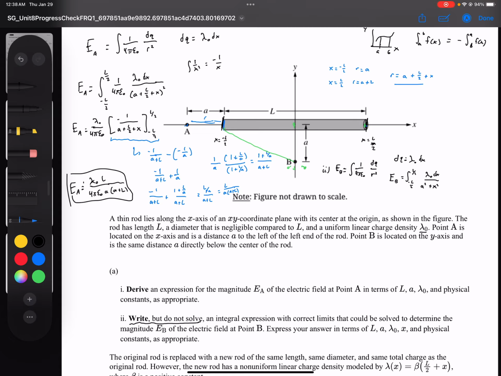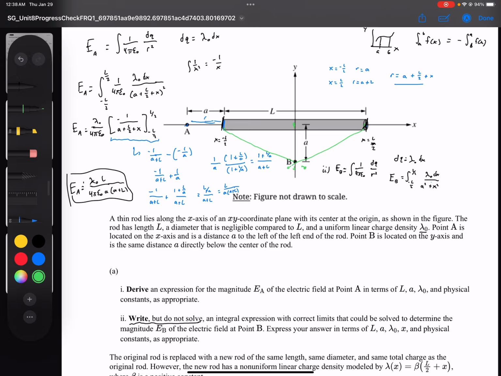And then at the edge, it's going to be the diagonal distance, from here to here. So I have a height of a, and my horizontal distance is x, a function of x, ranging from negative L over 2 to L over 2.